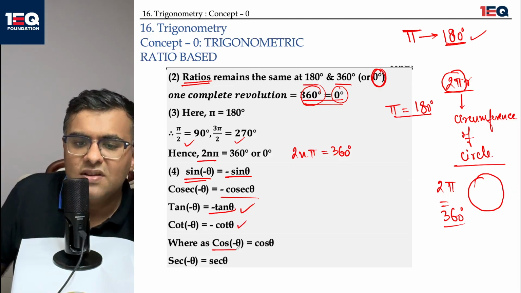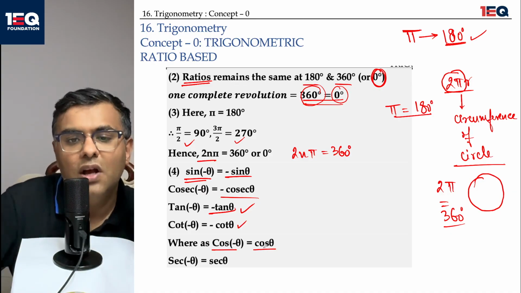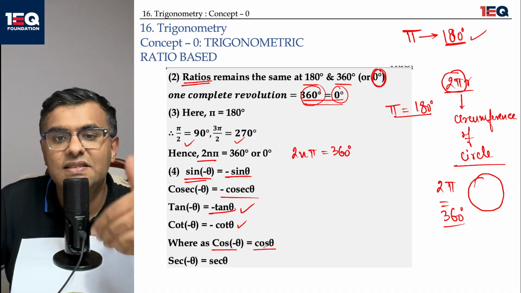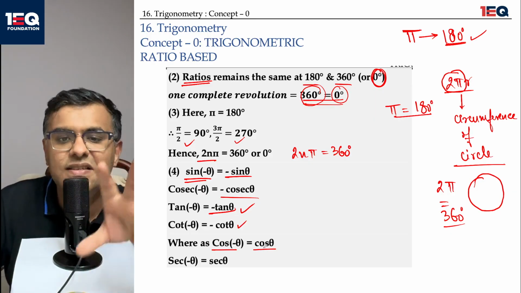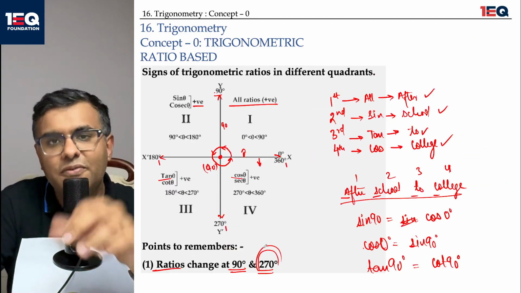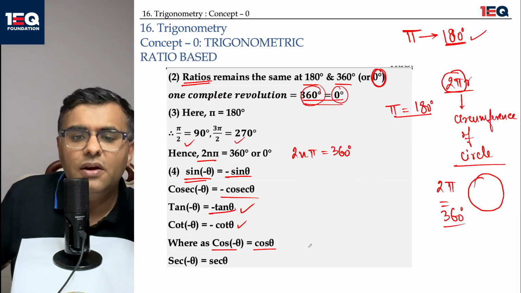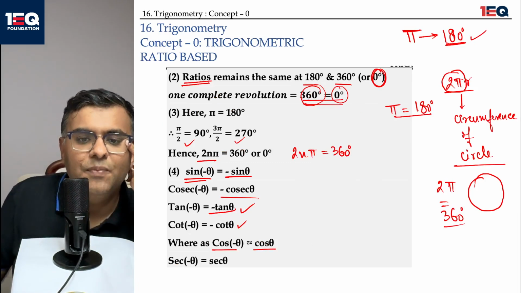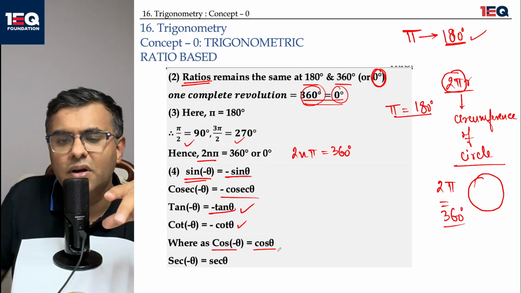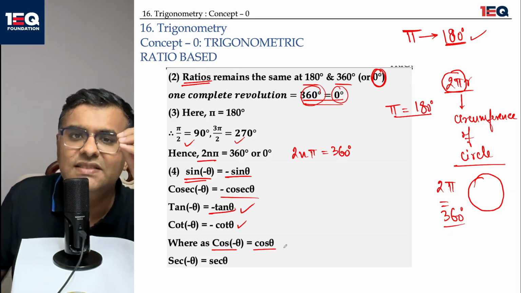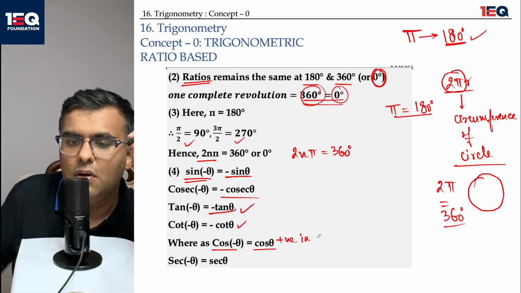Whereas cos minus theta is equal to cos theta. Why is this true? Why was each and every other thing getting a sign of minus and this was not? There was a reason behind it, because we were talking about the fourth quadrant. When I say cos minus theta, we get it as equal to positive cos theta, because in the fourth quadrant, the value of cos is positive.